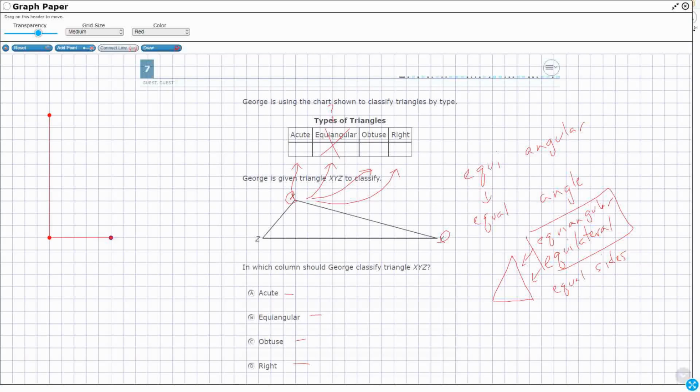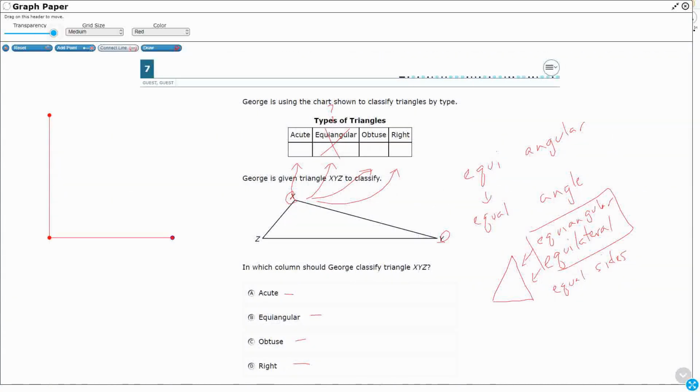So I'm going to use my grids here just to show you a right angle. Okay, so a right angle usually has a little square in there, and we know this is right because it is a square corner and it equals 90 degrees. It is exactly 90 degrees. And so we use that to classify angles as smaller than 90 or greater than 90.